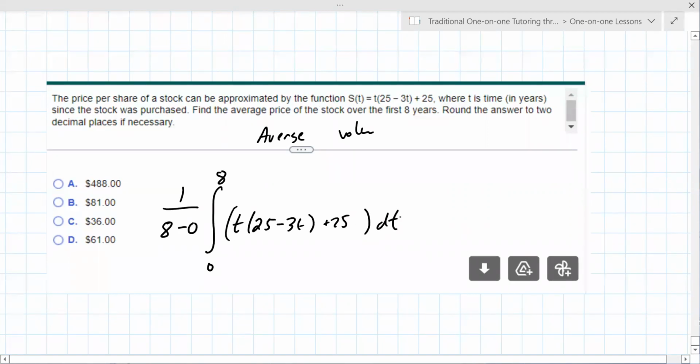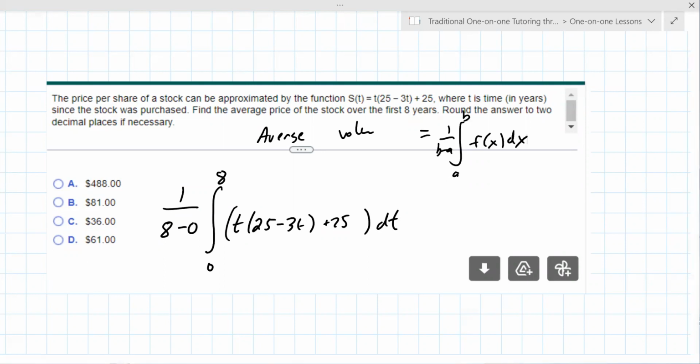So the idea is you're averaging the result over a certain number of years to know how much per year you should expect. And we kind of talked about this in the context of investments, but it's not really a good ideal reference, especially with all the volatility that we've seen lately. But this is it. It's an average value integral: 1 over b minus a, integral from a to b of f of x dx. All right. So back to the calculator.